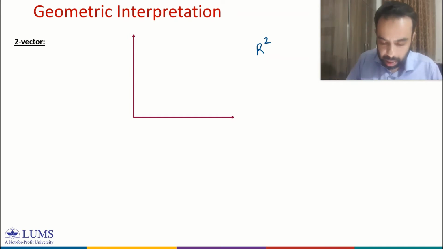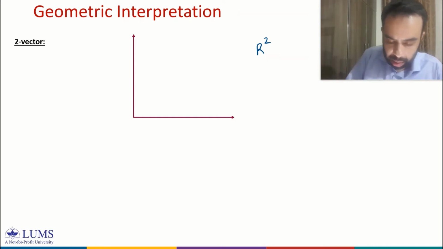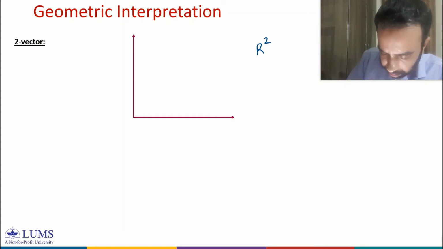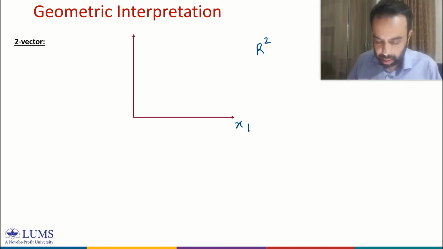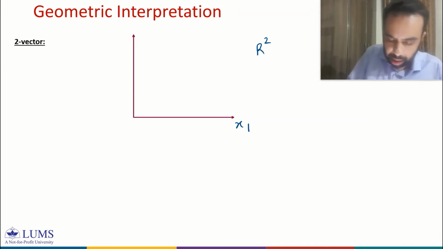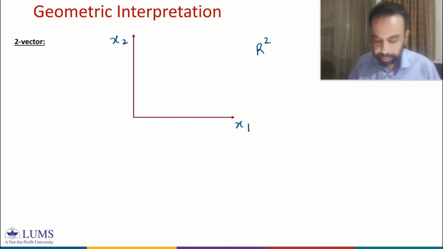We can represent this 2-dimensional space using these 2 axes. We usually call this the x-axis, and this vertical axis the y-axis. But in this course we'll label the horizontal axis x1 and the vertical axis x2.